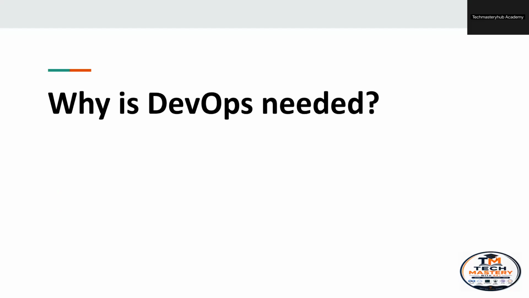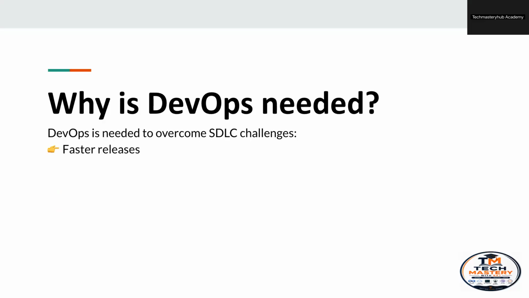Okay. So the next question is, why is DevOps needed? The answer is very simple. DevOps is needed to overcome the challenges in the SDLC. We have seen those challenges in the earlier question. Because DevOps releases faster.